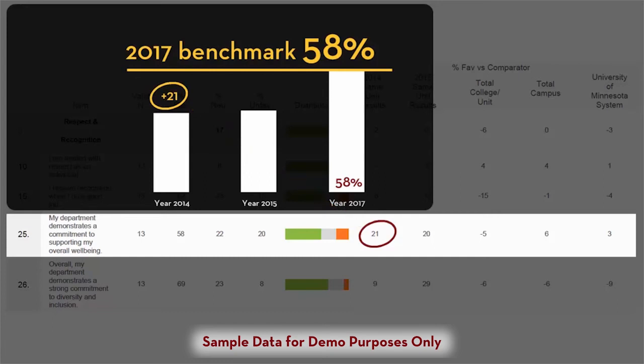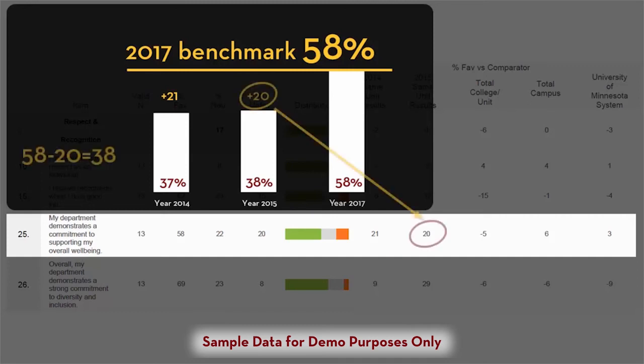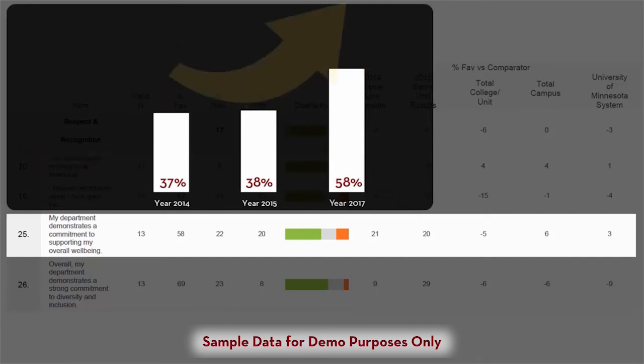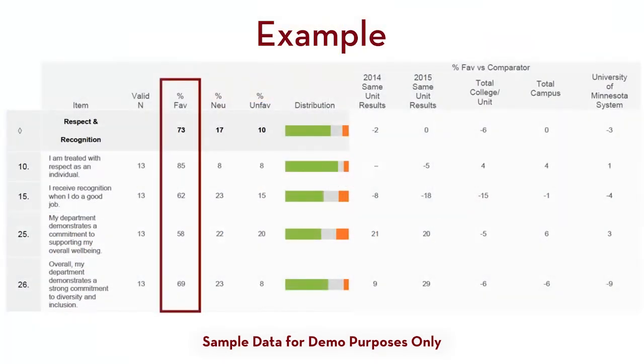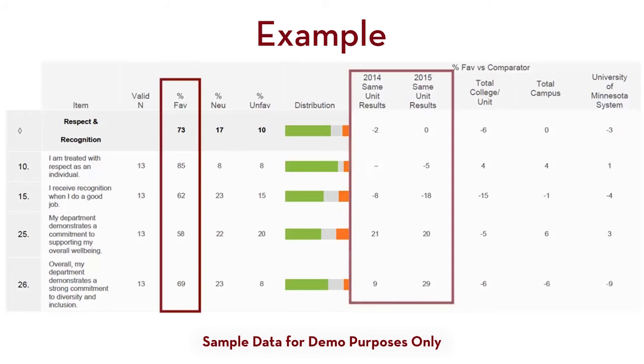So in 2014, this number was 37%. 58 minus 21 equals 37. Similarly, the results for 2015 were 38%. 58 minus 20 equals 38. As we see, the trend is going up. By knowing the result for 2017 and the percent favorable difference, you can easily calculate the percentage for the previous years.